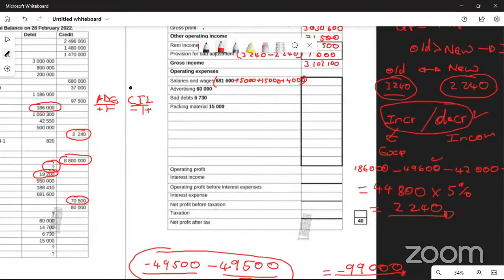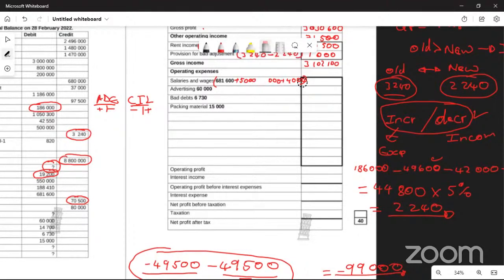So how much are we getting? Oh, sorry, we are not supposed to add, we are supposed to subtract. Remember, this is in advance, it's a mistake. So let's change the additions to a subtraction.